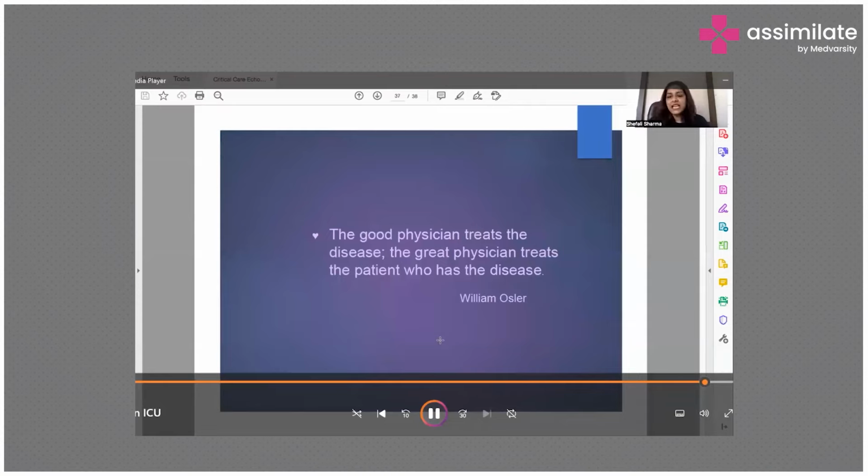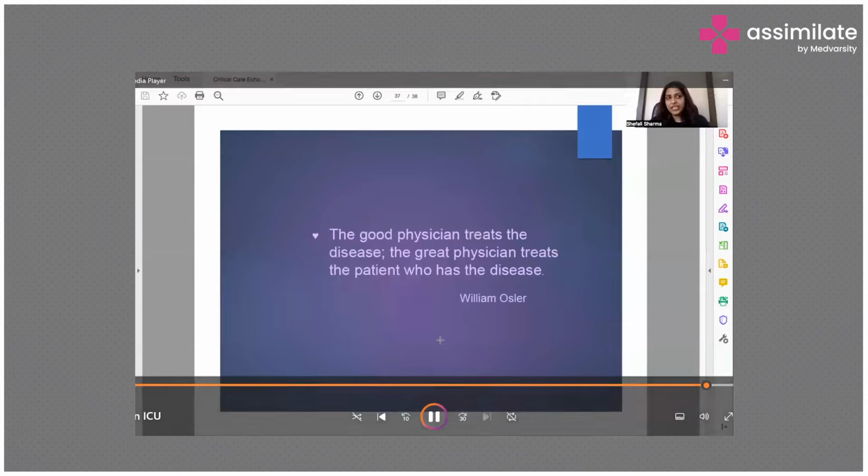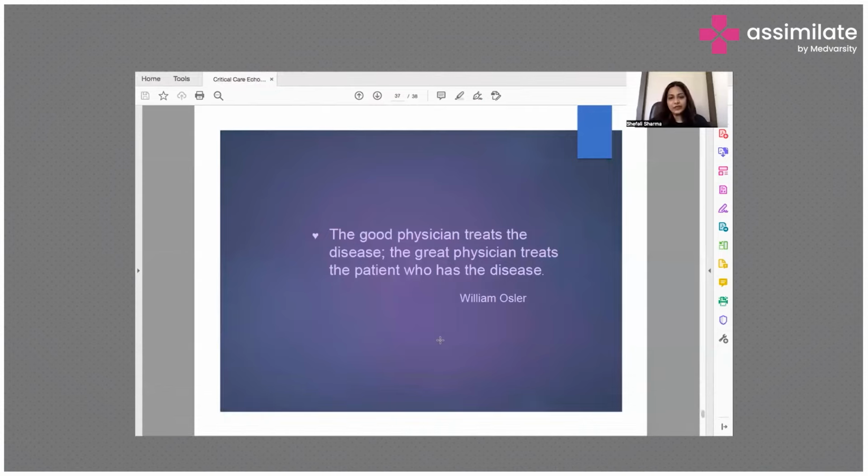There's a saying by William Osler: the good physician treats the disease, but the great physician, or the great intensivist, treats the patient who has the disease. So this was my take home point, that you need to have the integrated approach.